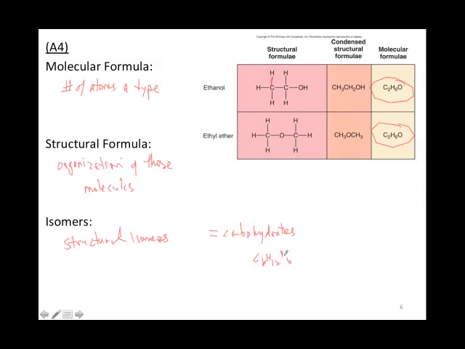However, we can change that around and we can get different sugars with that same molecular formula. But typically, C6H12O6 is used to represent glucose. So we have a molecular formula and structural formula, and in order to really understand what the molecule is and what its properties are, you need to know both of those. And then isomers would be when you have molecules with the same molecular formula, but their structure is different.